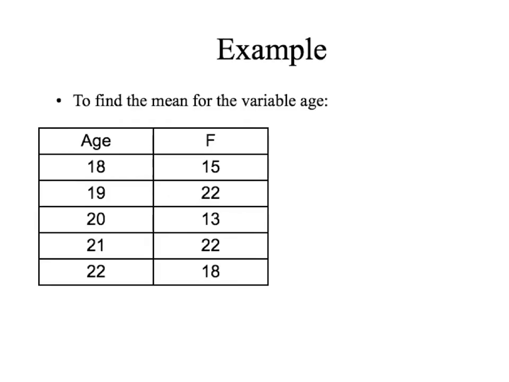We want to take the response, that number, and multiply it by the number of times that it occurs, the frequency, and then add all of those together and divide by N. Multiplying 18 times 15, age 18 times 15 responses, is the equivalent of adding 18 together 15 times, and that will give us our sum of X. So I'm going to go in here and multiply across.